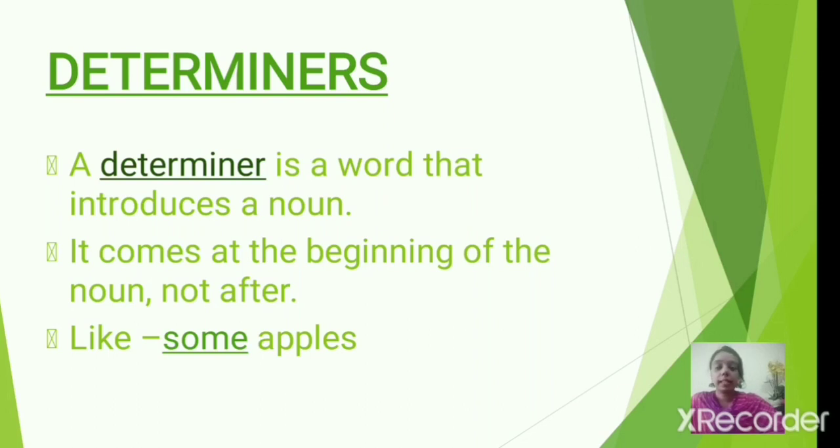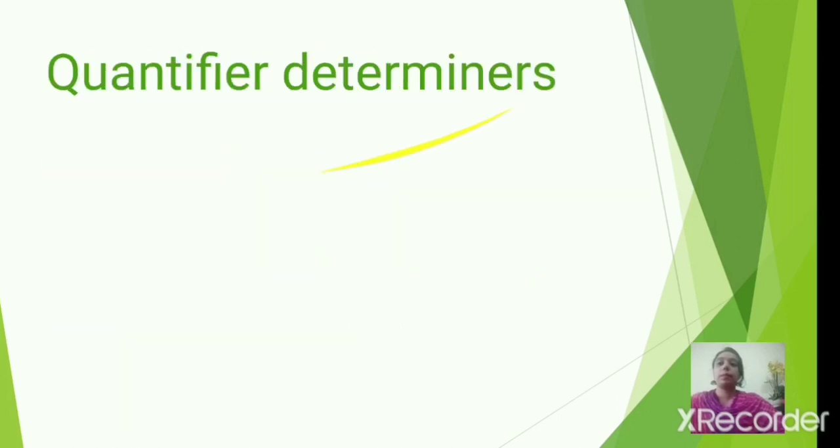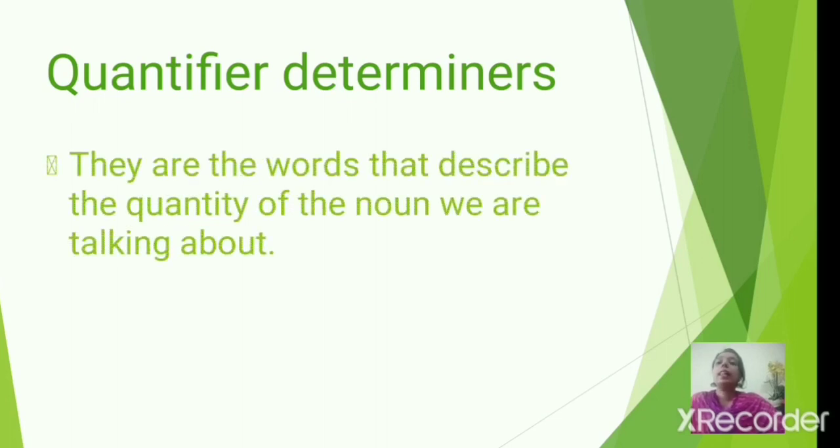In chapter number 7, we learned about possessive determiners. Now, in this chapter, we are going to learn about quantifier determiners. What are quantifier determiners? They are the words that describe the quantity of the noun we are talking about.